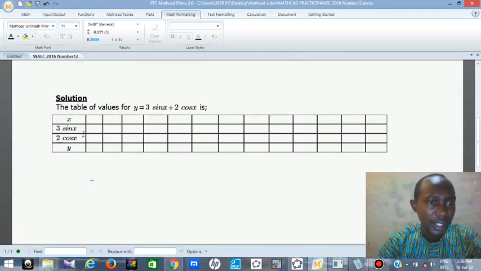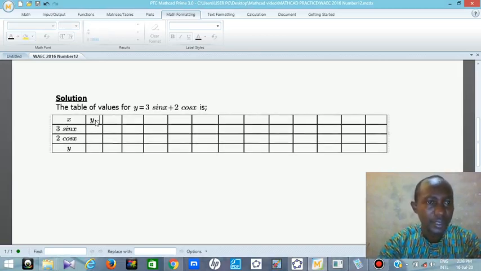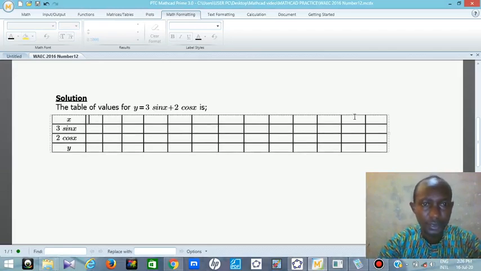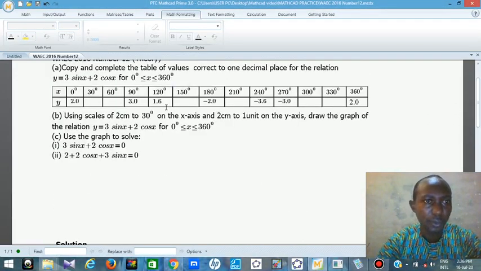Whatever value we have for 3 sin x, we are going to add it to whatever value we have for 2 cos x. So let's fill up the values that we have here. Let me make it fast. Let me copy this one so that I will not keep typing it.